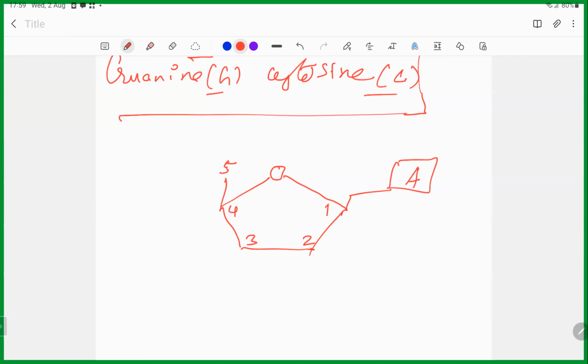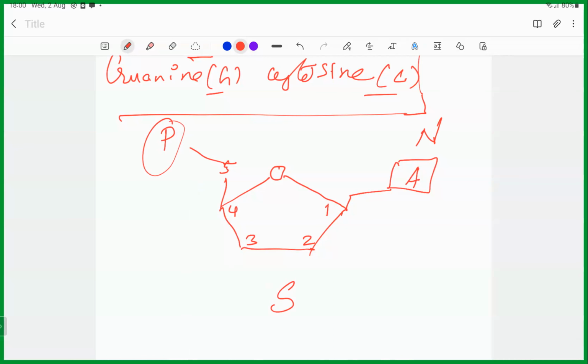And to the fifth carbon atom, a phosphate group is added. So you have a nitrogenous base, sugar, and then phosphate. This is one nucleotide, a monomer. Like that, by different bondings, many monomers are connected together and DNA is formed. So you should know the basic structural details.